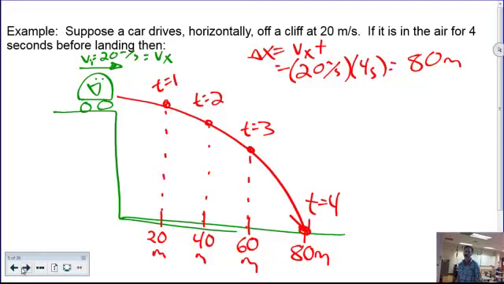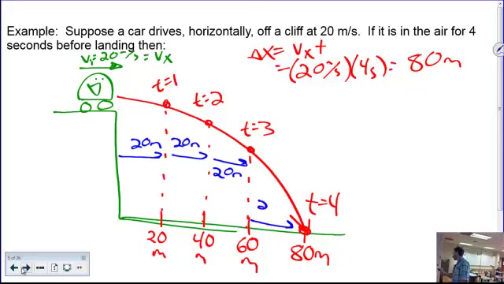Because the horizontal velocity is constant, it goes 20 meters every second. Keep in mind that we are ignoring air resistance here, but even in the case of air resistance, you can still see this.